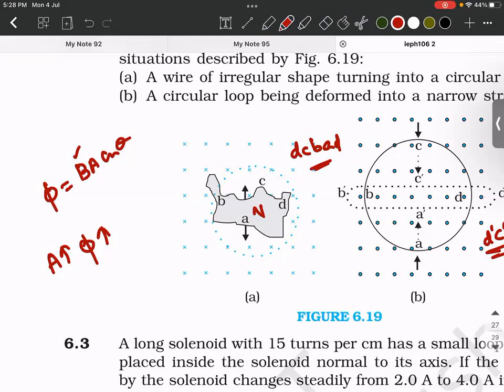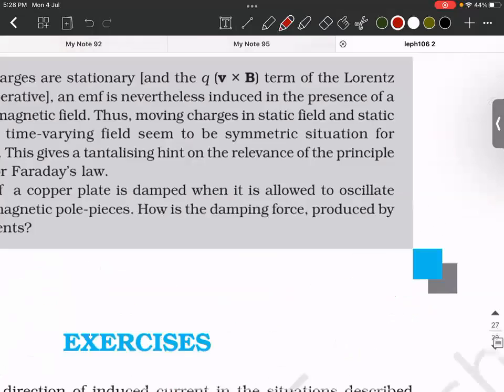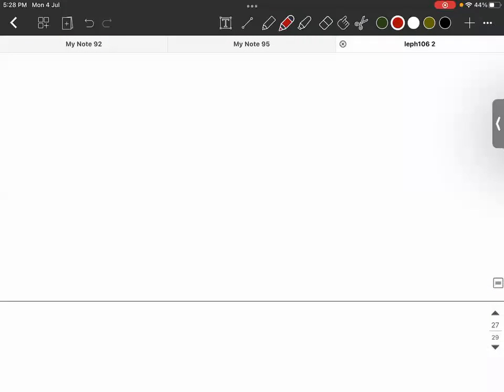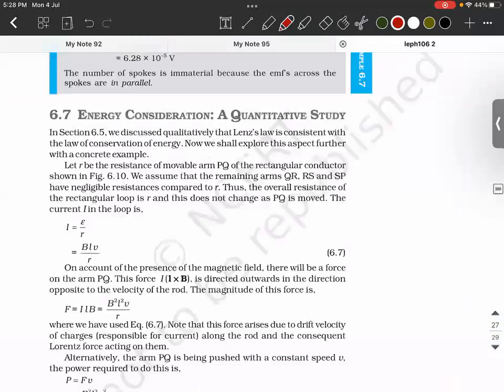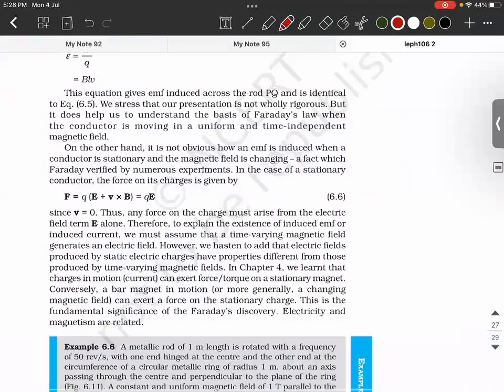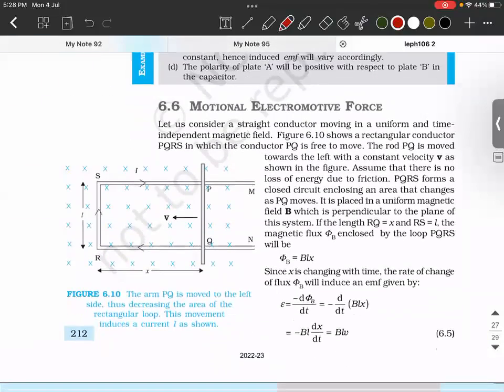Now, based on this logic, there is another EMF that will get generated, due to the motion of a conductor.